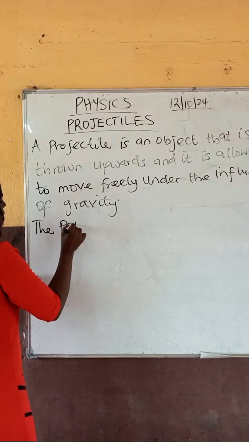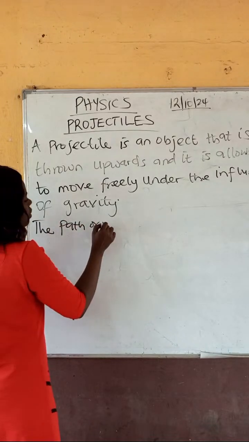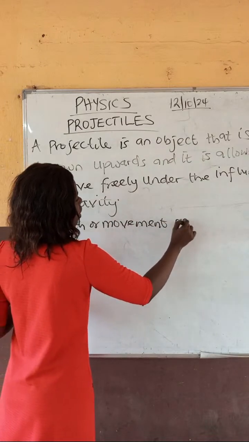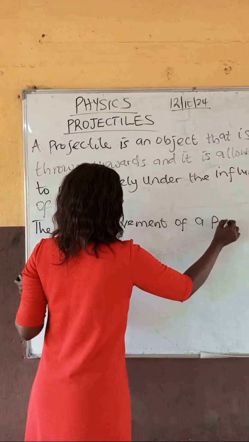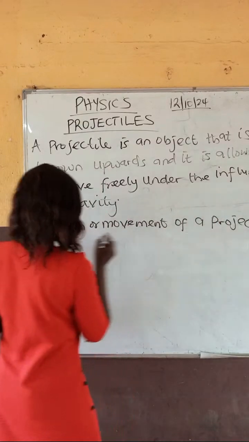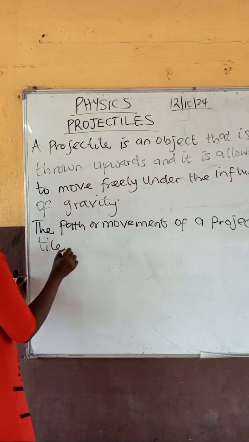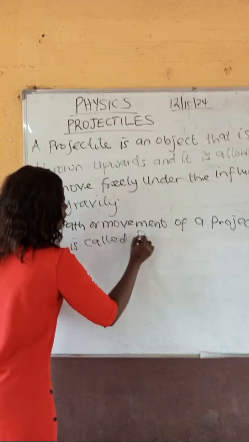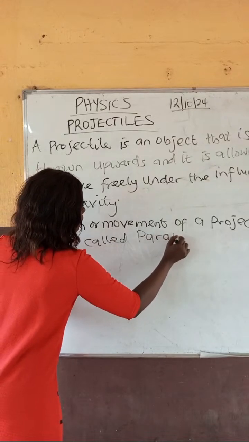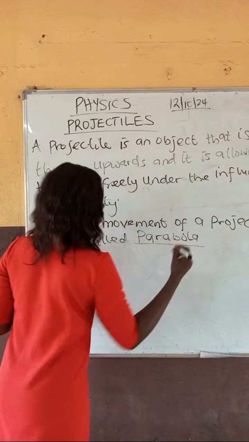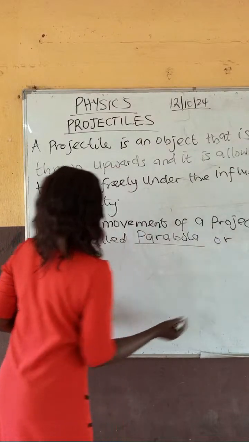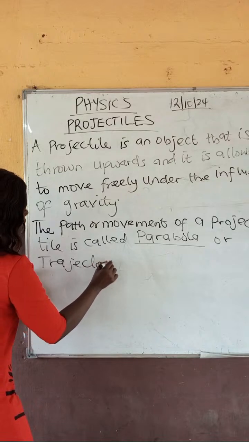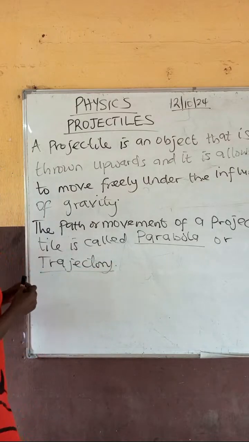The path or movement of a projectile is called parabola, or we can say trajectory.